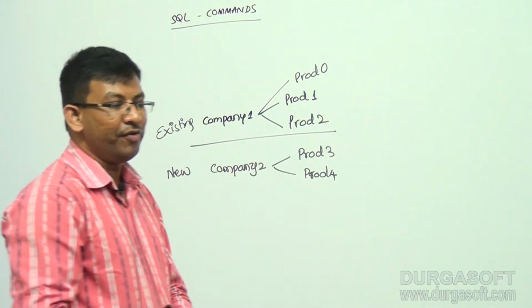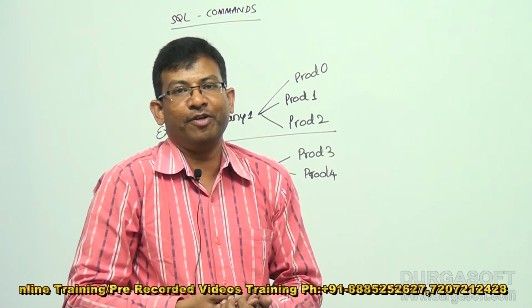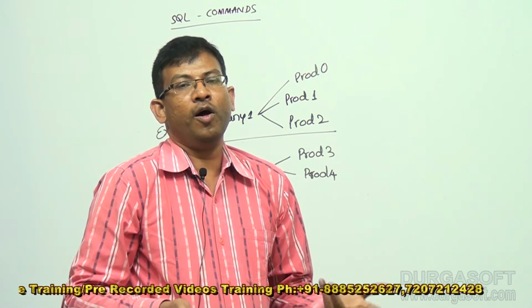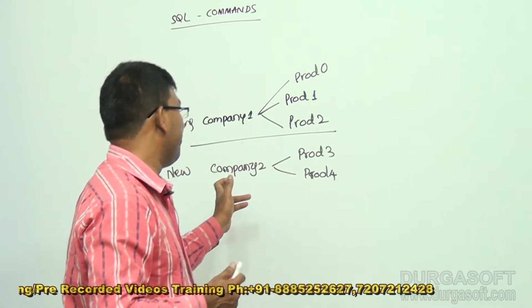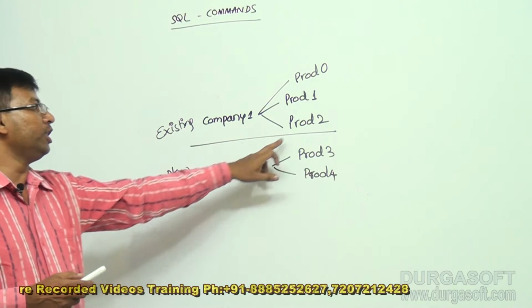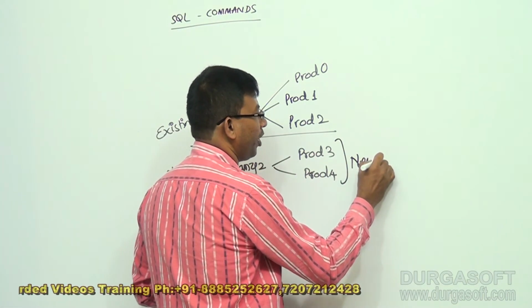Now in our master database, all the existing company details will be there, or all the existing product details will be available. If the company is new for us, all the products will not be there. So these are all new products for us.